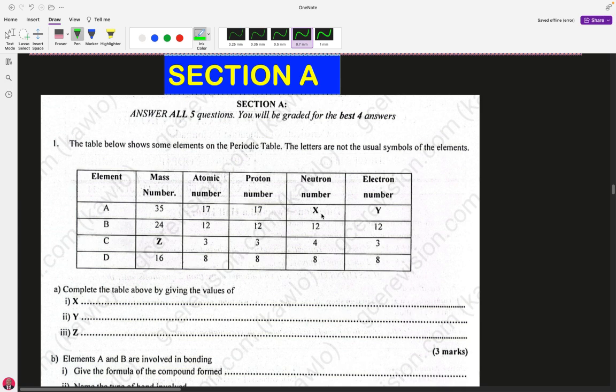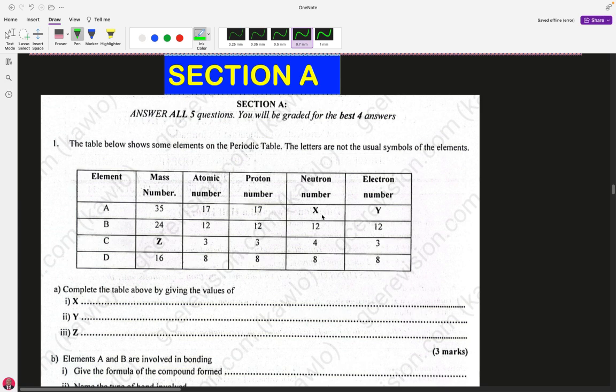Most of this video is going to be on analysis, giving you the basic concepts and making you understand them very well. When we are studying atomic structure, there are some basic things we need to know. The proton number plus the neutron number gives us what we call the mass number.